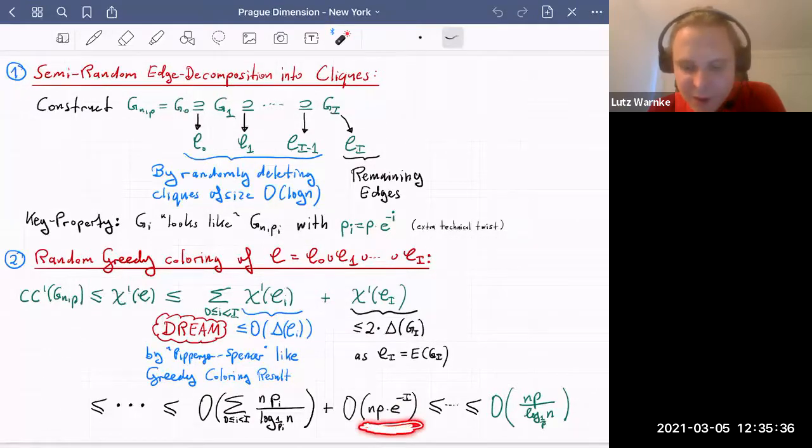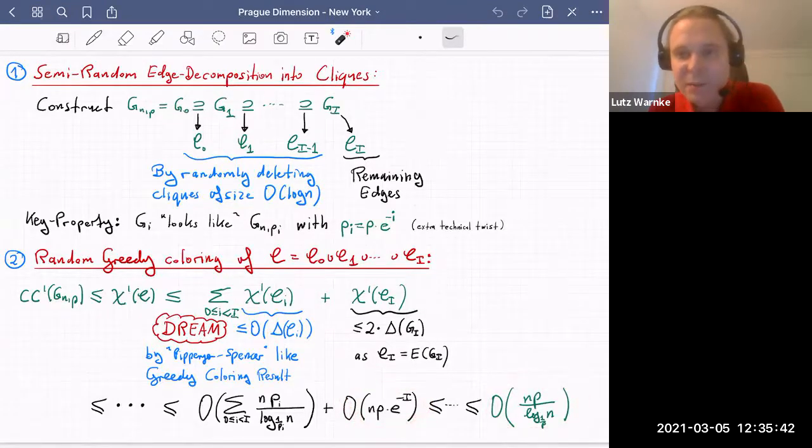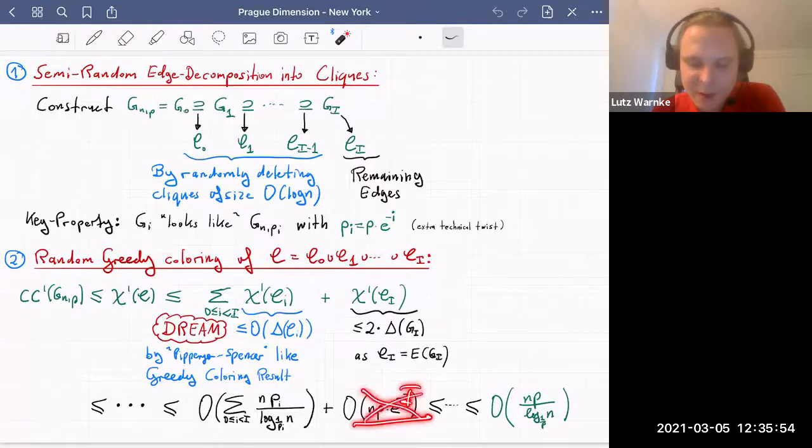If we can make i sufficiently large, this term will be awfully much smaller than what we're aiming at, this np over log n. Just take i some big constant times log n or something like this, and then this would be fine. So by making i large enough, the last term we don't have to worry about.